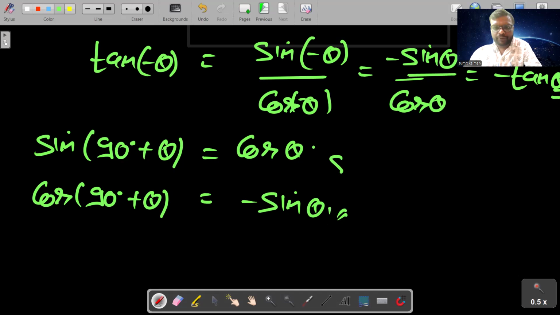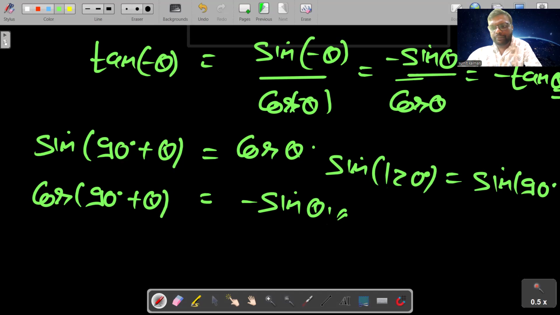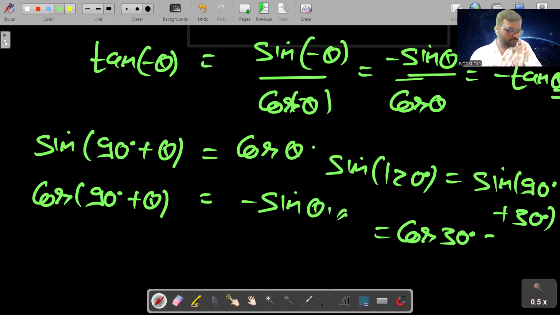Suppose you have to find the value of sine 120 degree, so just write sine of 90 degree plus theta 30 degree. It will be equal to cos 30 degree, which is equal to root 3 by 2.